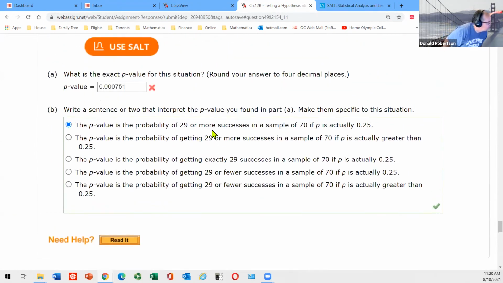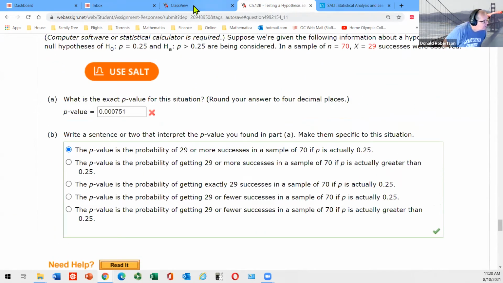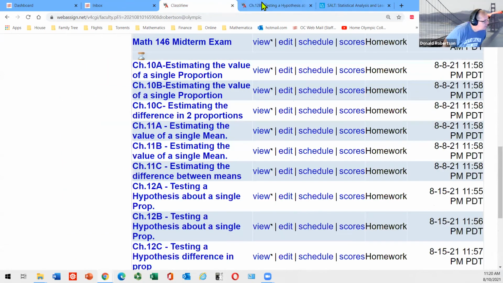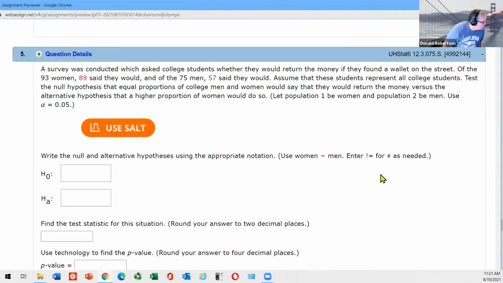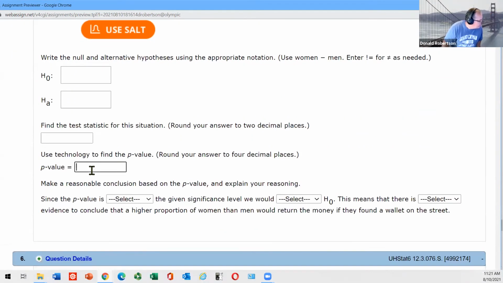What window am I looking at? That's 12B. Okay, I'm now looking at the right one. Can you see the window? Question 5? Yeah. So the p-value that we want goes in here.